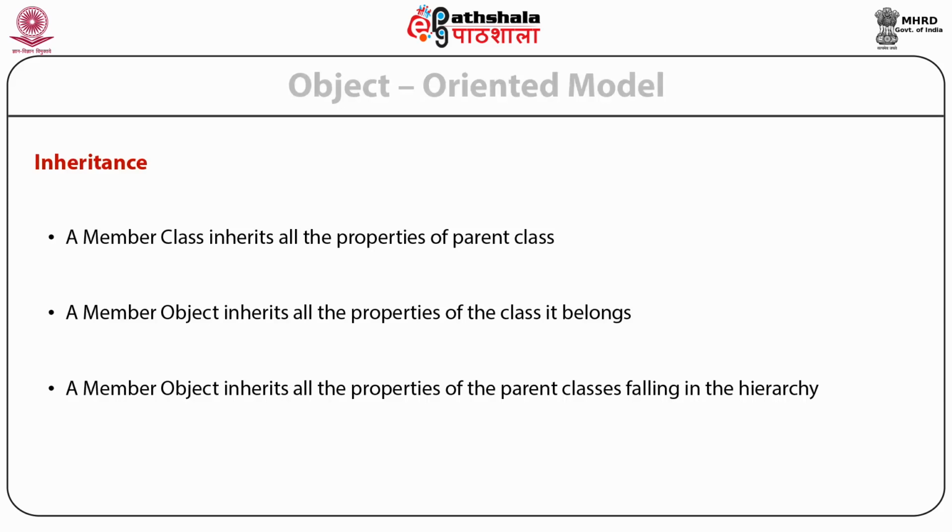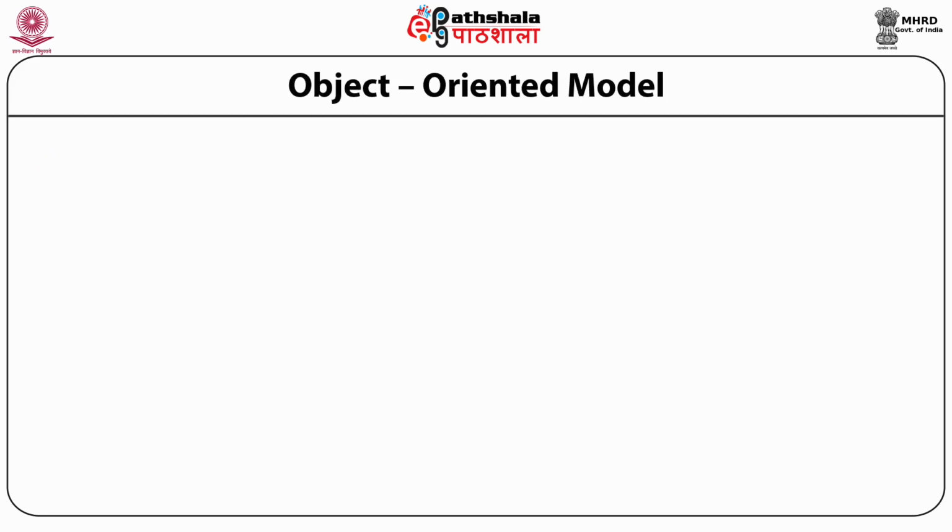falls in the hierarchy. This is a diagrammatic representation of the object-oriented model, where we have shown you patrons of a library and the properties of the patrons, or the attributes of the patrons. That means how many books they can borrow and so on. So you see there is a class called patron, which is represented by a green block.